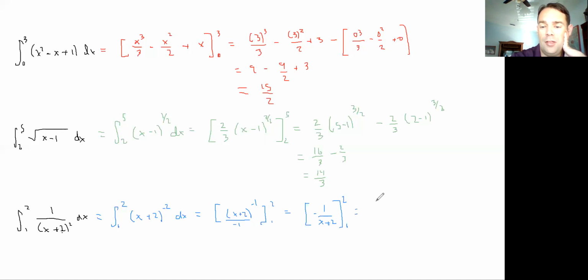All right, so I got -1 over 2 plus 2, minus a -1 over 1 plus 2. So -1/4 plus 1/3, and that would be equal to 1/12.